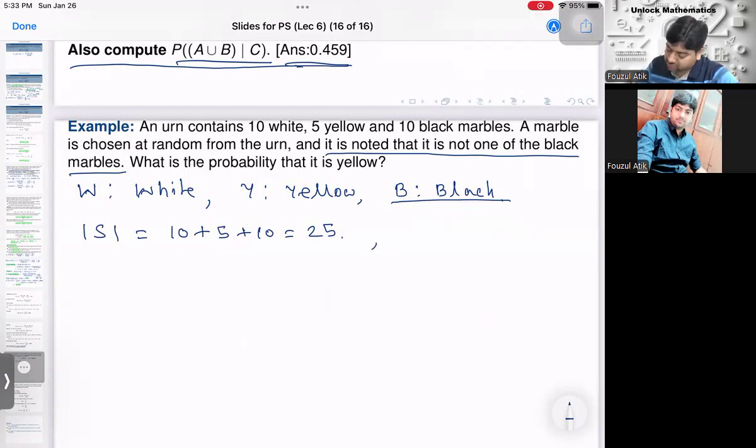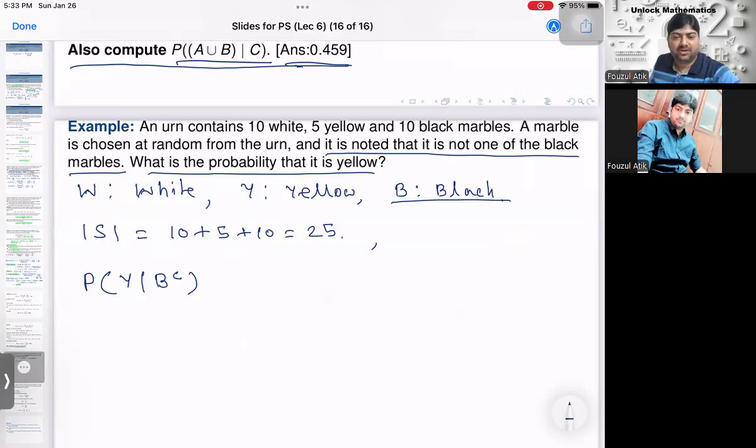So what is the probability that it is yellow? Therefore, we have to get the probability that it is yellow given that it is not a black one. So we have to get the conditional probability of Y given that it is not black, so Y given B complement.